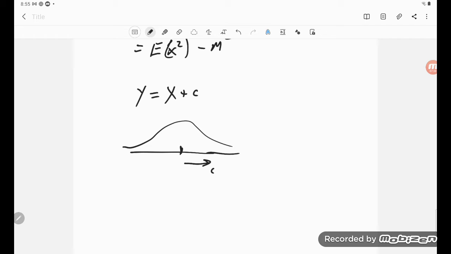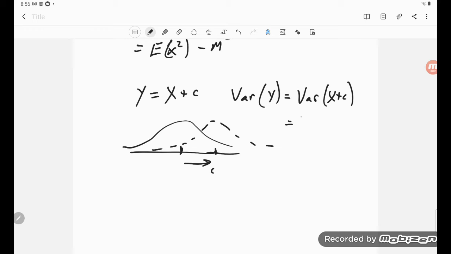I add c to all the x values. So, and maybe that's here. And so I would kind of expect the same picture just shifted to the right. And if that's the case, we would expect that the variance of y, equal to the variance of x plus c, is just the variance of x.